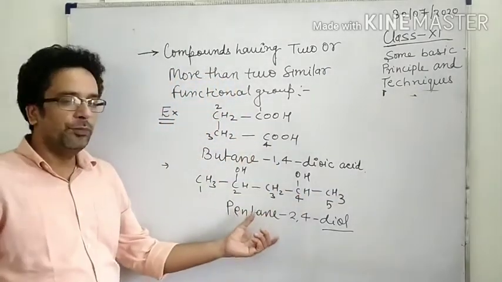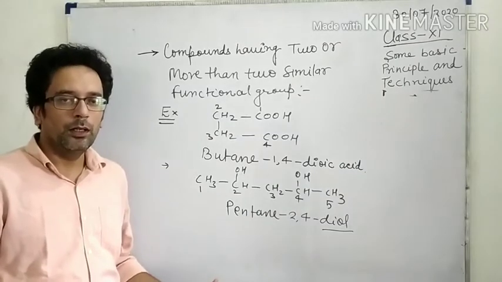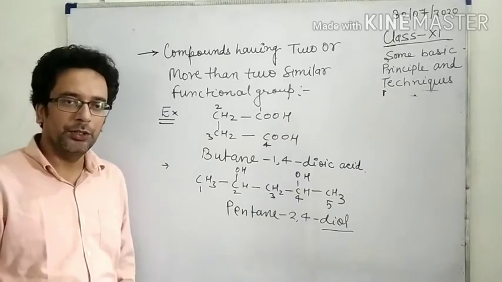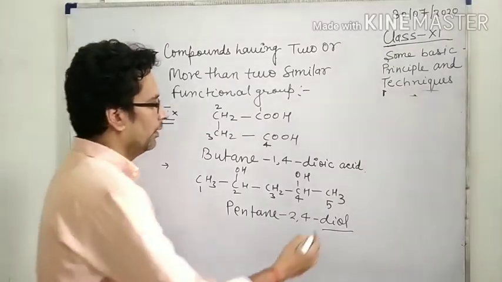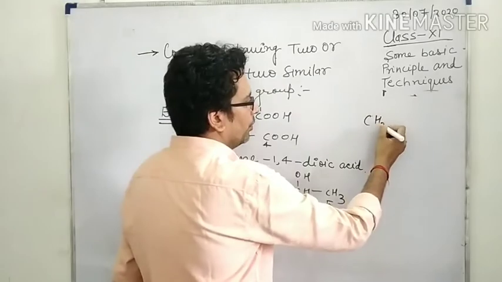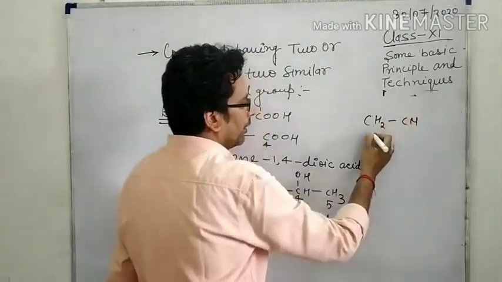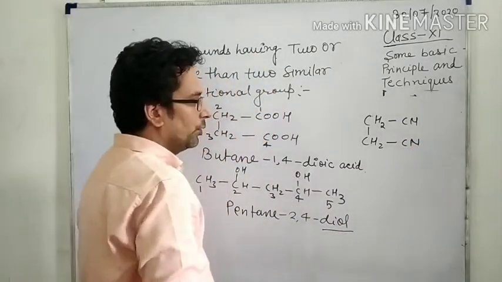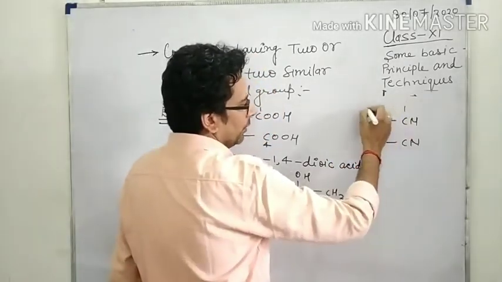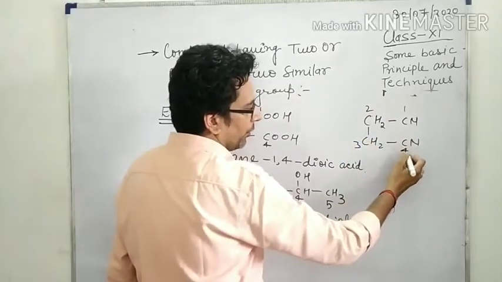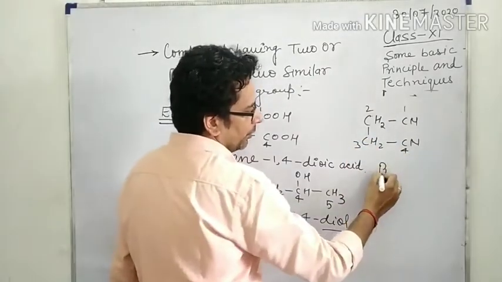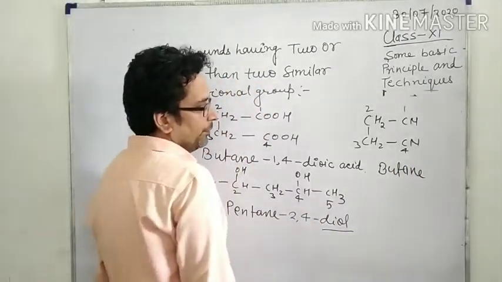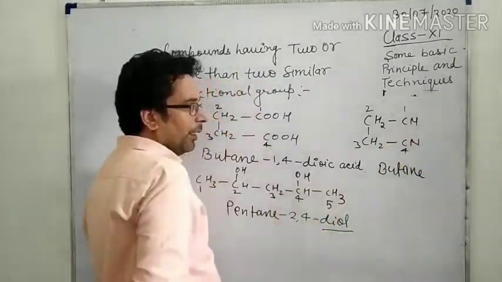In this way we can write the name of a compound which has two or more similar functional groups. Now next example, CH2, CN, CH2, CN. Okay, so 1, 2, 3, 4. 4 means butane. Okay, butane and CN.